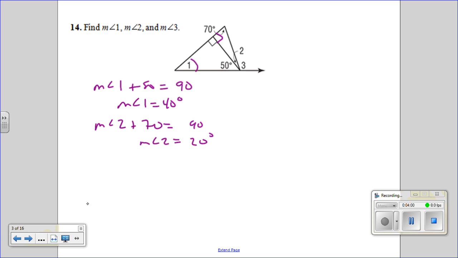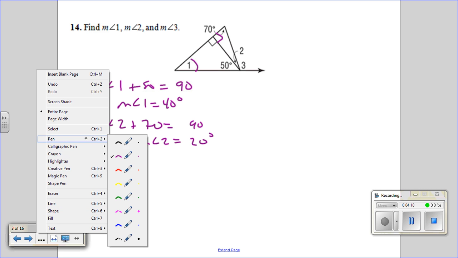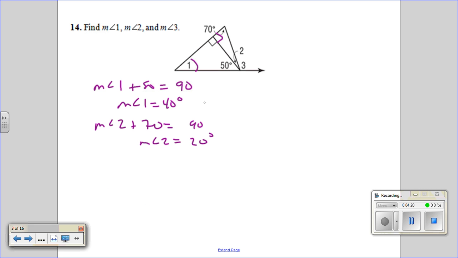And now to find 3, there are several ways I'm sure it can be done. For example, you know that the 50-degree angle, angle 2, and angle 3 together will be 180.